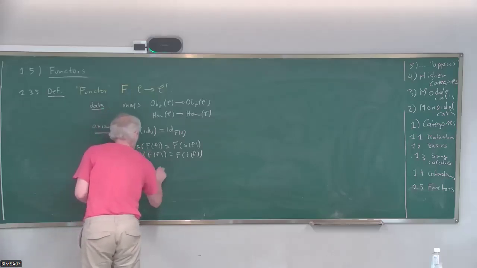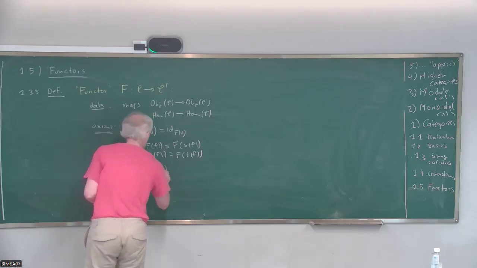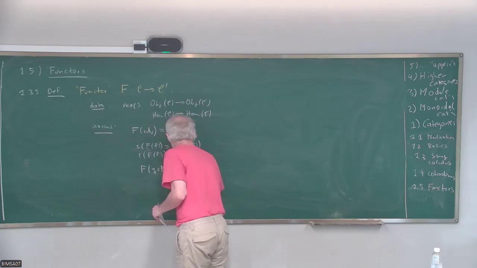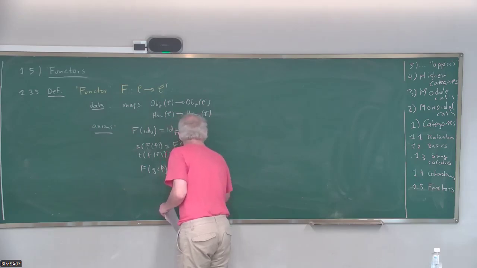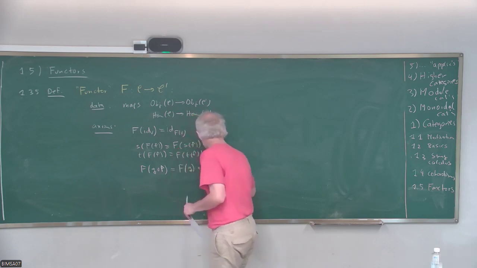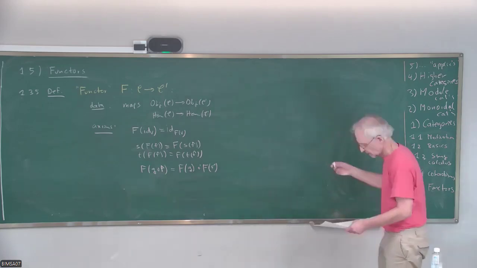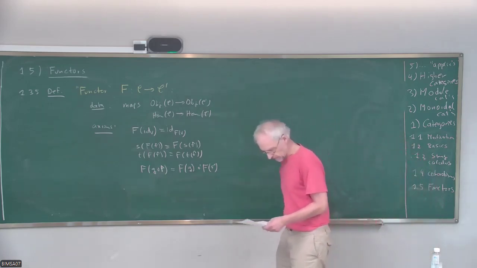So if we first compose, assuming these are composable morphisms in C, and then apply F, it's the same as first applying the functor individually to the morphisms, and then composing. So I should write the prime here, that's the composition in C prime.